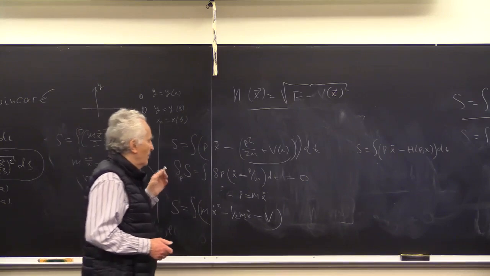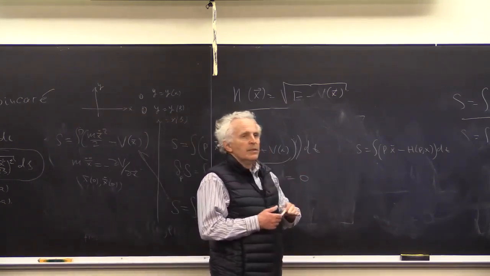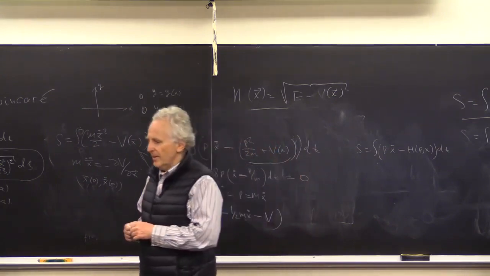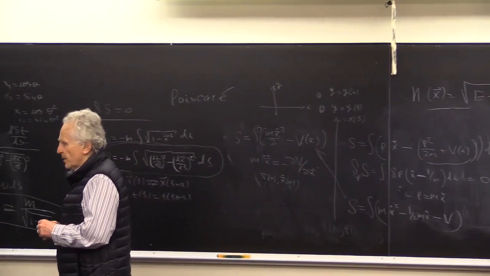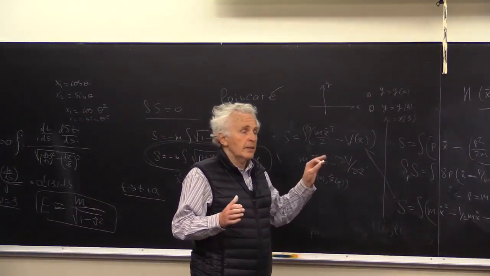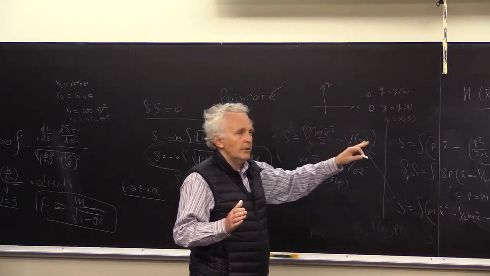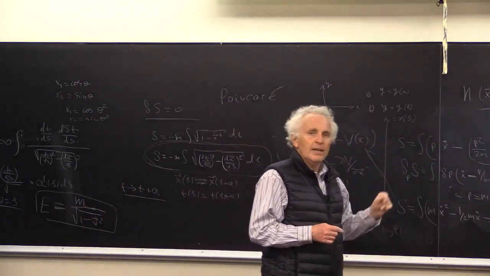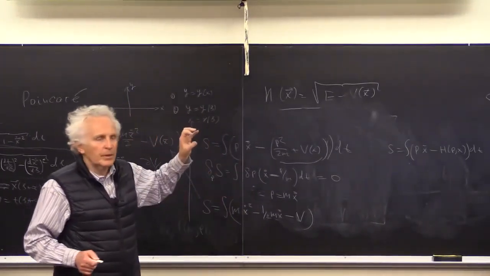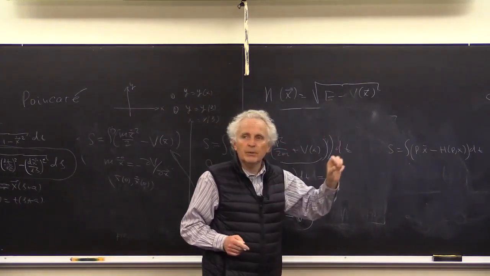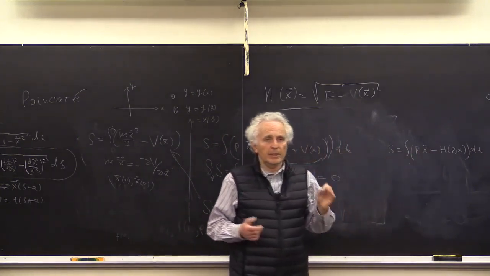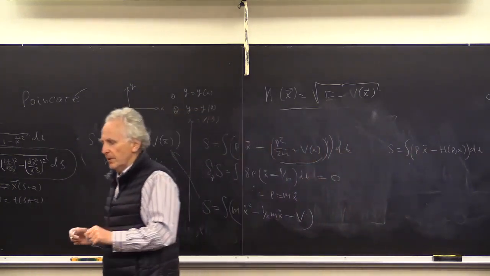So when you have this action, give me a guess first what the energy will be. It will be H, and it is completely obvious by just looking at it. Why? The point is that the first term will not contribute to energy at all, and the second term will contribute H. As a result, H will be the conserved energy.